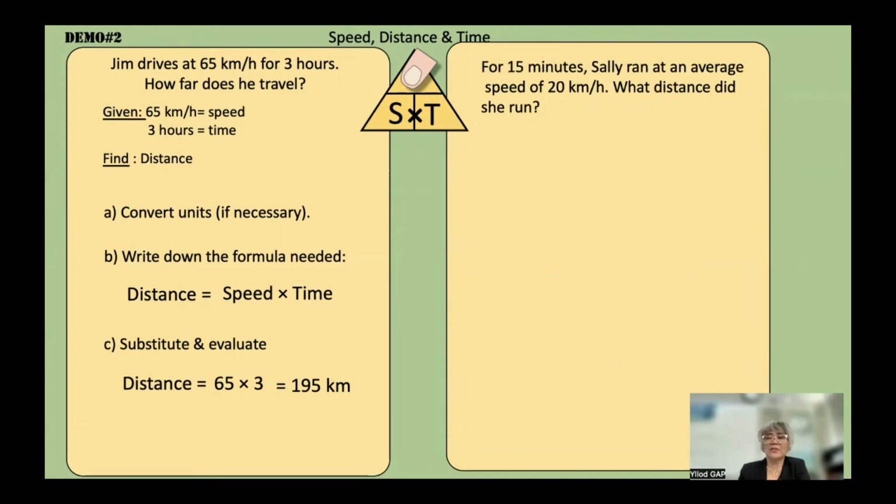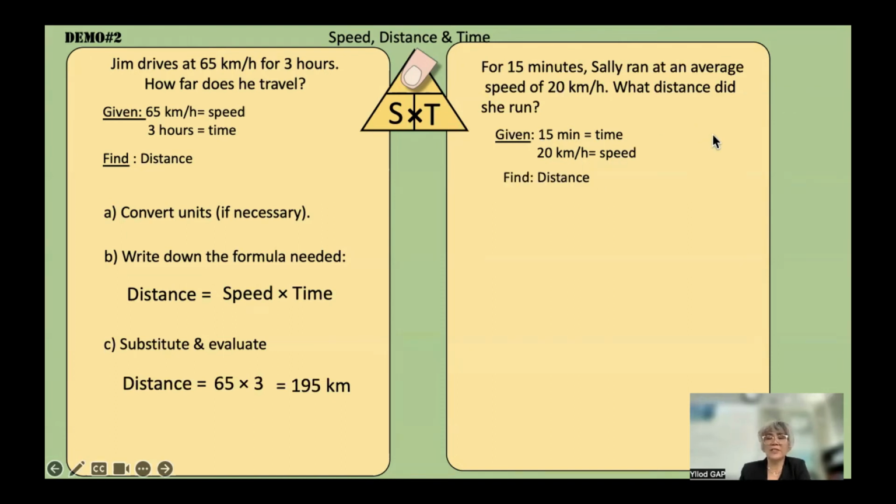For 15 minutes, Sally ran at an average speed of 20 kilometers per hour. What distance did she run? Okay, so again, write down the formula, and looking at the units, you have minutes and hours. So in this case, we need to really convert the time into hours, okay?